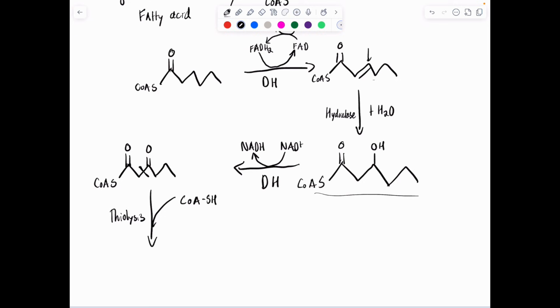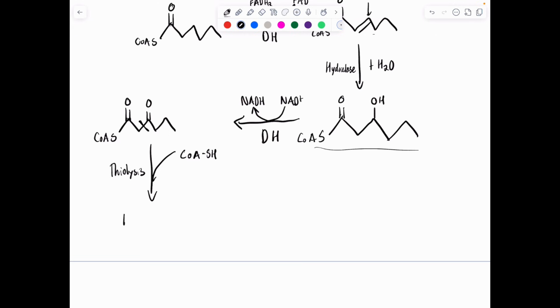And from that, we will get one acyl-CoA molecule. So it would be this portion of the fatty acid that now becomes our acyl-CoA molecule. And then the rest of the molecule will become a new fatty acyl-CoA.